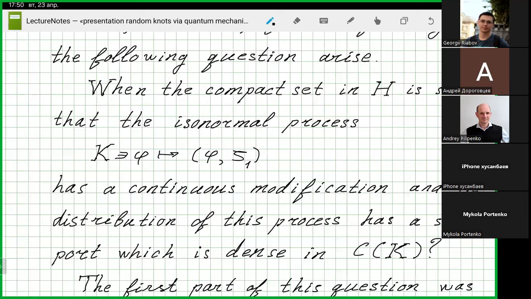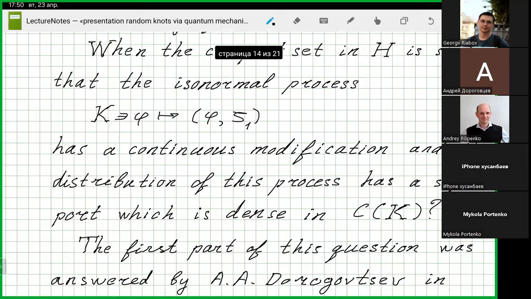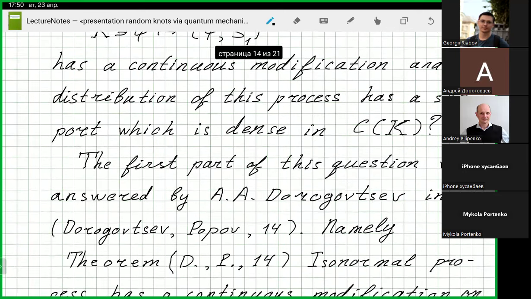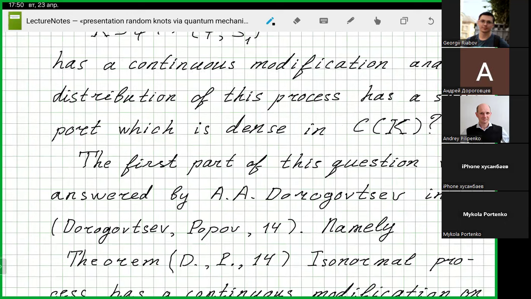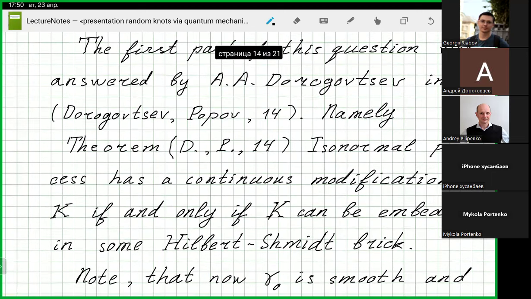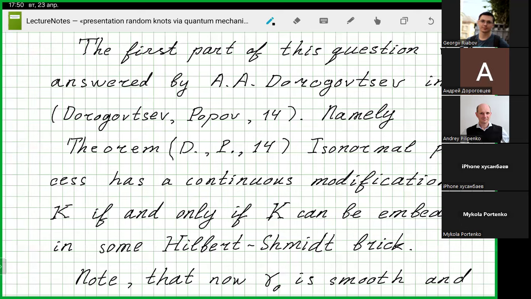The first part of the question, when the isonormal process has a continuous modification, was answered by me in our joint article with Mikhail Popov in 2014. Namely, it was proved that the isonormal process has a continuous modification if and only if K can be embedded in some Hilbert-Schmidt brick.